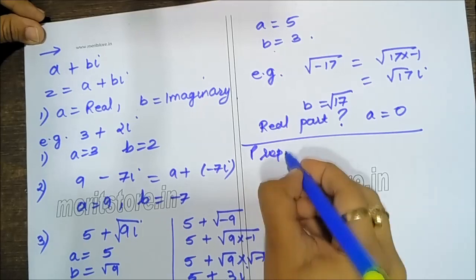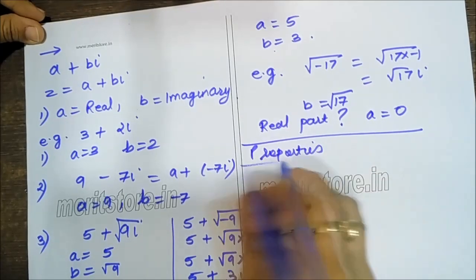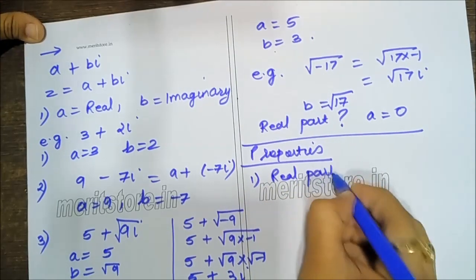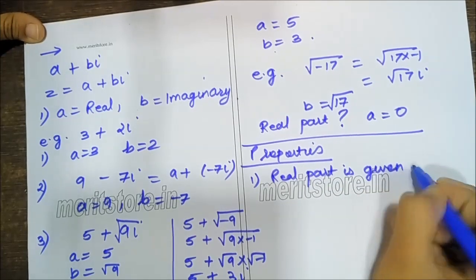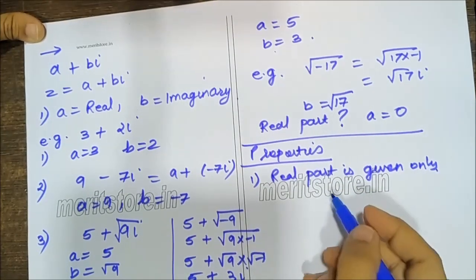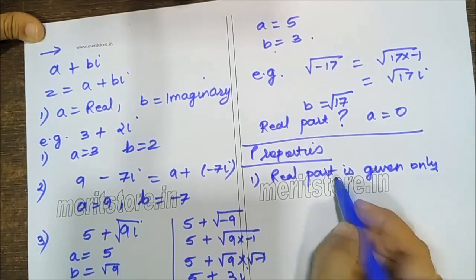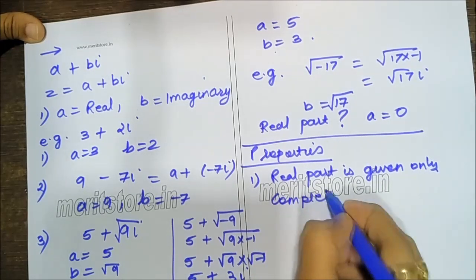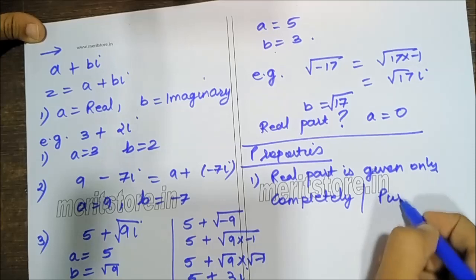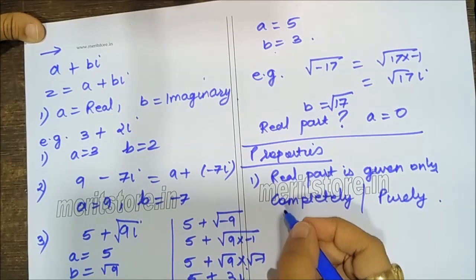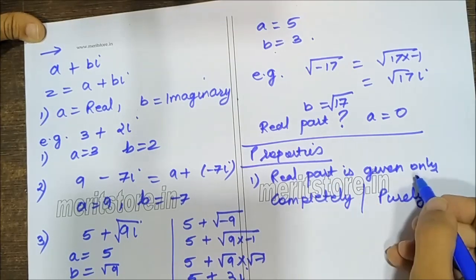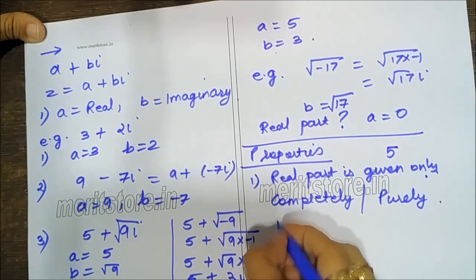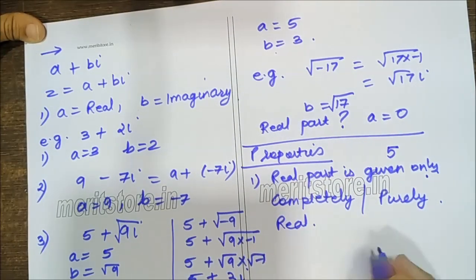So here we are discussing the properties, first property or certain combination, I would say. So when real part is given only, it is completely, or I would say purely real, right? So when I would say real part is given only, so let's say only 5 is given, so it is purely real, right?